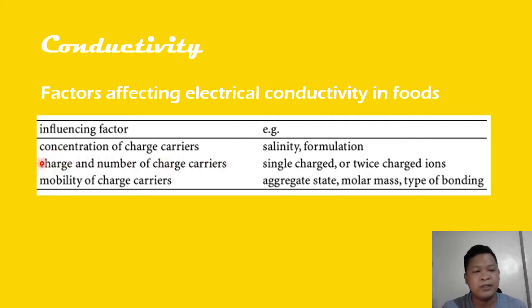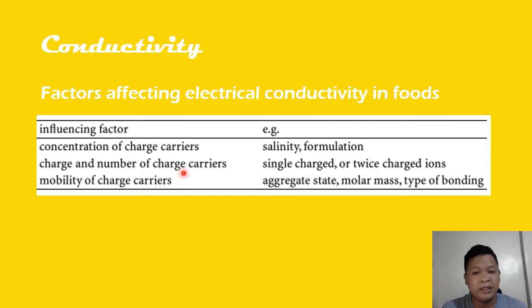So we know, of course, that meron tayong mga atoms or molecules na plus 1 lang yung charge, plus 2 yung charge, minus 1, minus 2. So may effect po yun. Okay. Let's say sodium is positive, chlorine is negative, and so on.